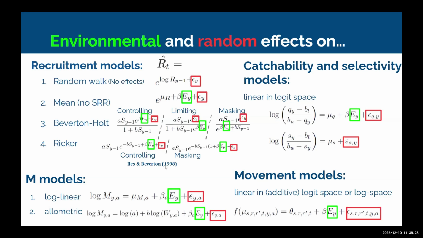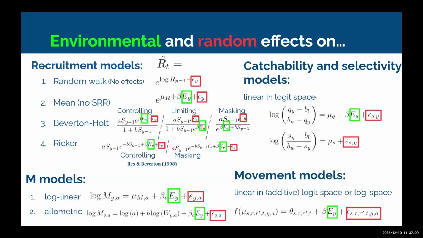You can estimate natural mortality as an autoregressive process, or with environmental covariate effects on natural mortality. Same with catchability, and again, all of these effects are on a linearized form of a transformation of particular parameters. So whether it's the stock recruit parameters, or natural mortality, it is on the log scale.